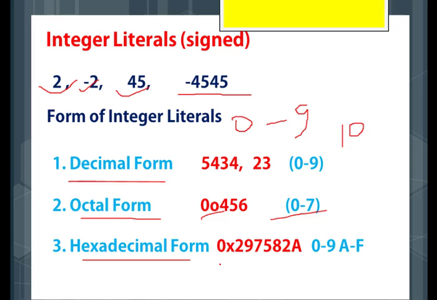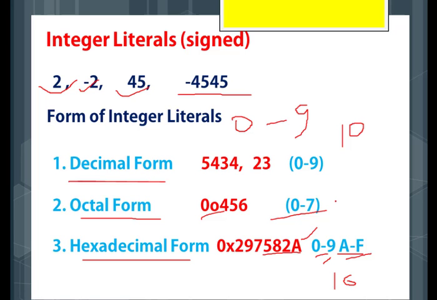And then the hexadecimal number, formed from 0 to 9 and letters from A to F. The total are 16 symbols, 10 digits and 6 letters. So total are 16. This we call hexa. It is written 0x followed by the number, and somewhere you will find the letters also.